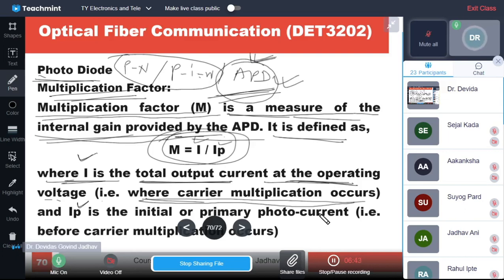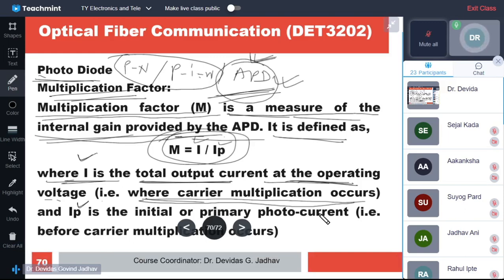Photocurrent IP is generated, and this photocurrent gets multiplied to give the I current, the total output current. IP is the current before carrier multiplication occurs, and I is the total output current after carrier multiplication occurs.